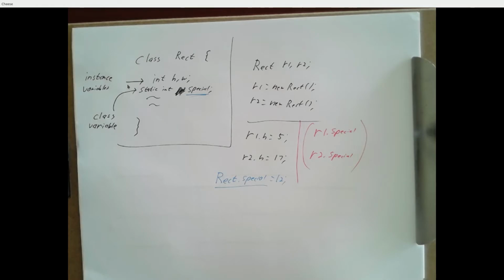So it's a bit like a global. It persists. It's a bit like a C static in that it survives outside of any particular instance of a rectangle. But the more important part of this is that you don't even need an instance of a rectangle to access this variable.